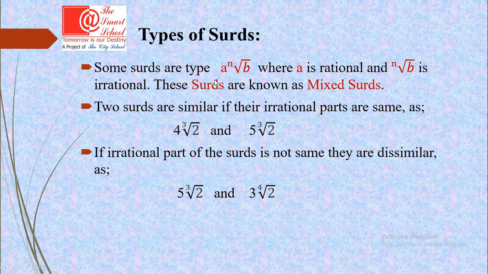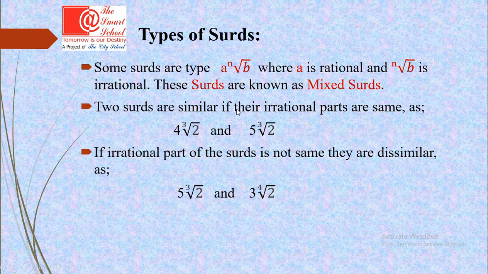Now some surds are of type a times the nth root of b, where a is rational and the nth root of b is irrational. So both types of terms are here, rational and irrational. These surds are known as mixed surds because both rational and irrational numbers are present in this term.